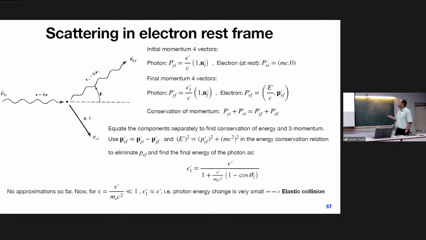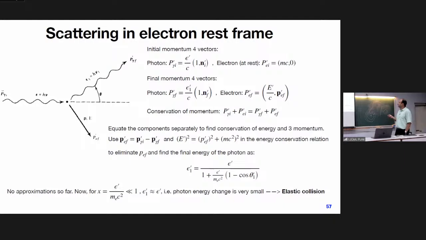Again, I guess when working on special relativity, you must have gone through this exercise of scattering. This is not in bachelor's, I think. But in any case, the photon comes, the photon is scattered in a different direction. Now the electron also picks up some energy. So all you have to do is find out the initial set of four-momenta, the final set of four-momenta, and write the conservation of momentum and the conservation of energy.